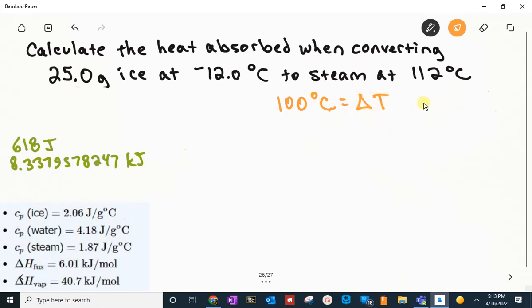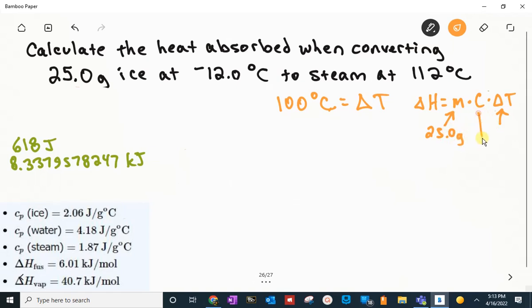And remember, the formula is the amount of heat is the mass times the specific heat times the change in temperature. So this 100 degrees goes right here where the change in temperature is. And the mass, we're still dealing with 25.0 grams.